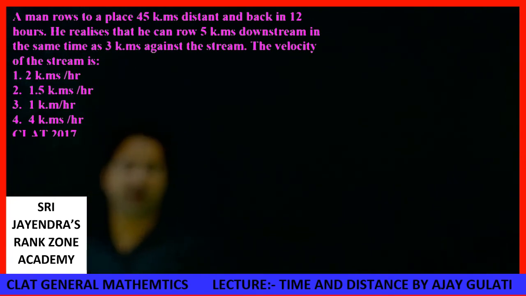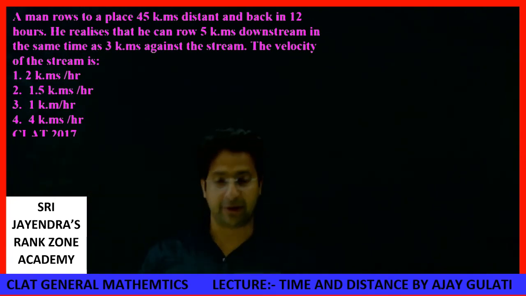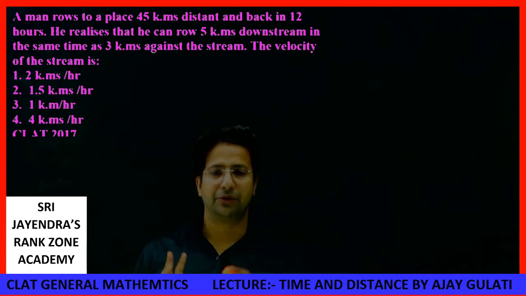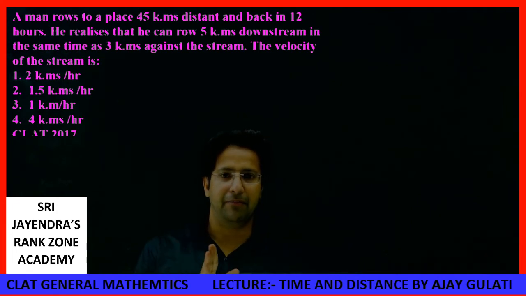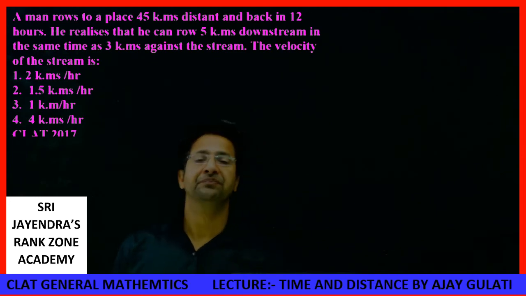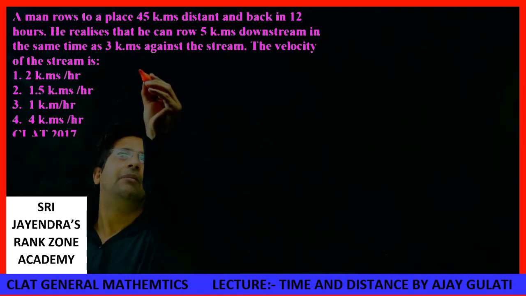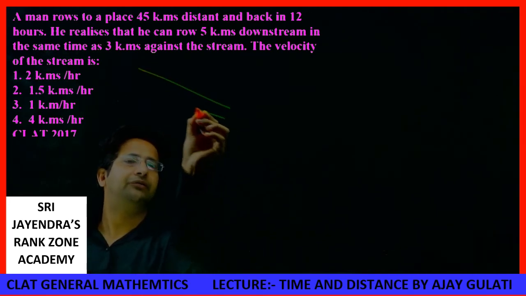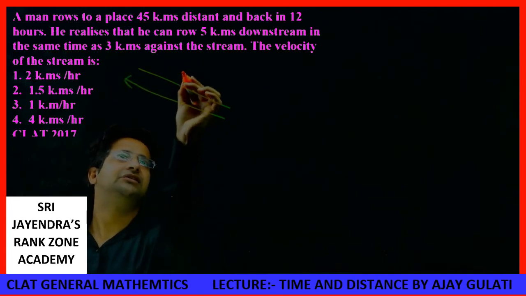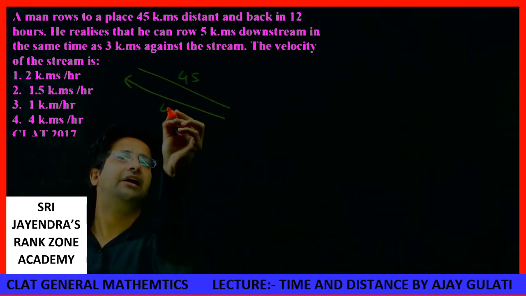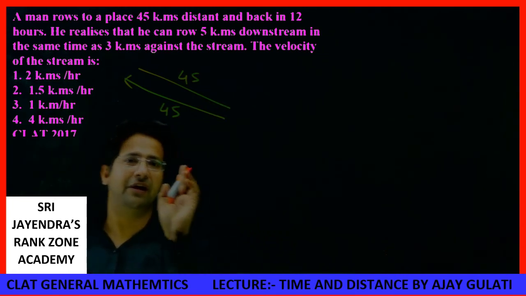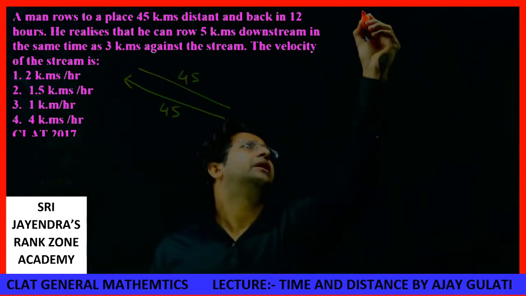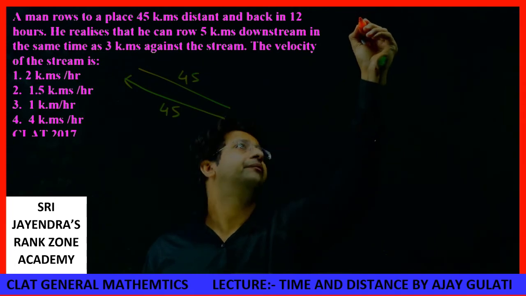Students, now we have a bit typical question. Look, a man rows to a place 45 kilometers distant and back in 12 hours. A man goes like this and comes back. This distance is 45 and again 45 in 12 hours. So if I apply the formula, distance is equal to speed into time.